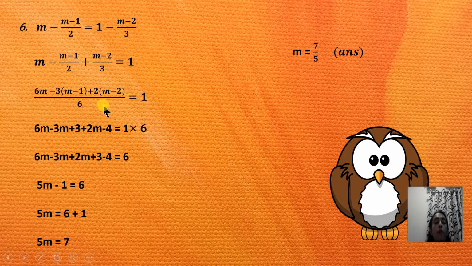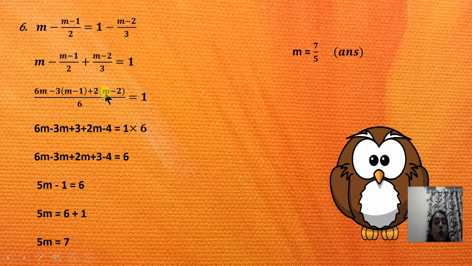Now I will take this 6 to the other side, so it will be multiplied with 1, and at the same time I will open the brackets. So 6m minus 3m plus 3. How plus 3? Minus into minus is plus. 3 into 1, 3. So it will be plus 3.